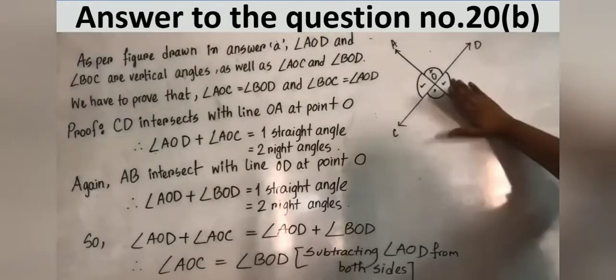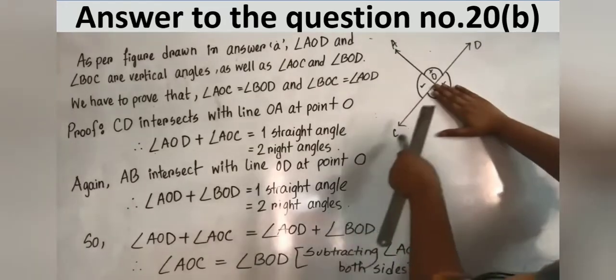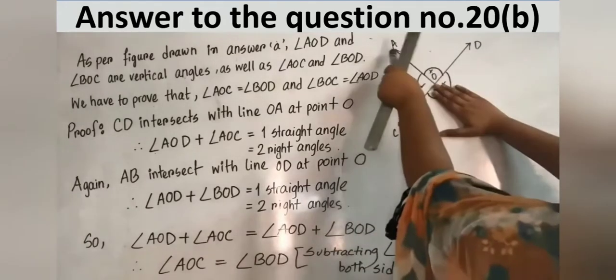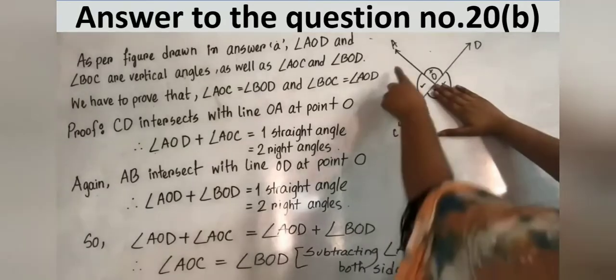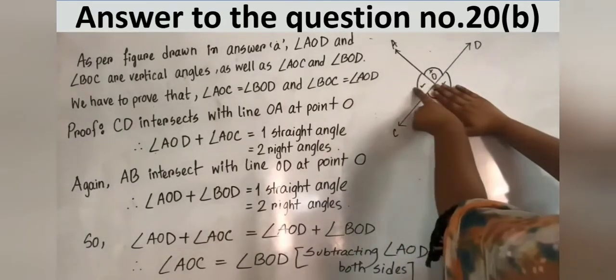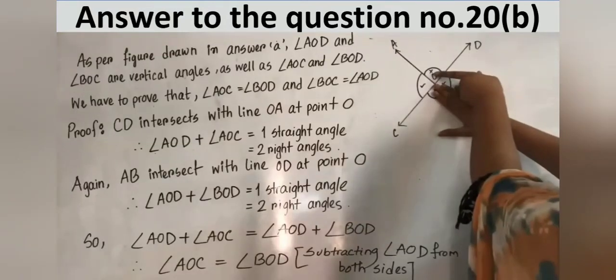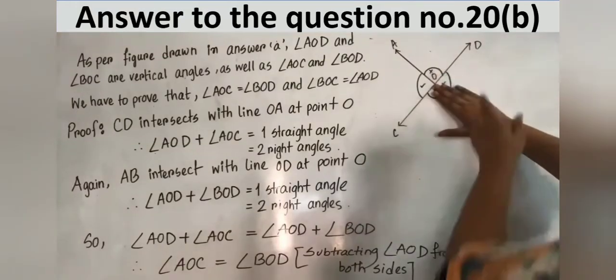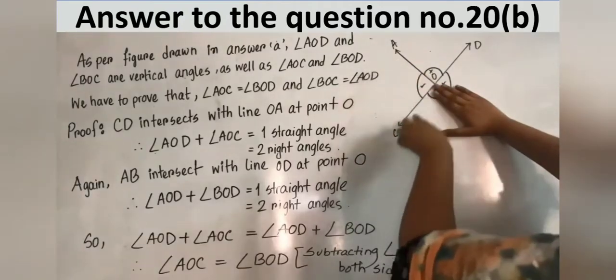So if you consider that this part is not here, only the figure of CD intersecting at OA, here we are getting two angles, and you can see what are the two angles, students? Yes, this one is angle AOC, and another one is AOD. You can see with your eyes that this angle is how many degrees?